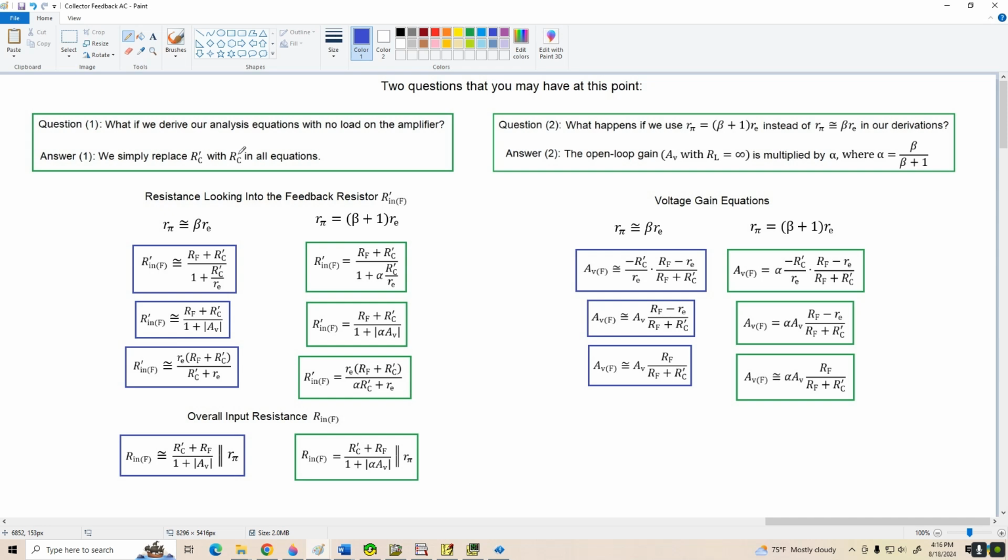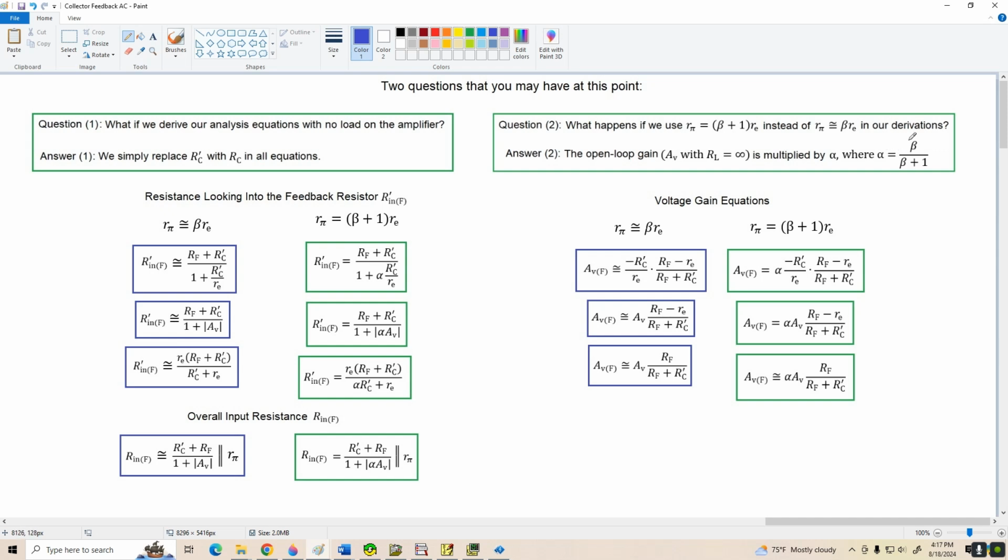And question number two, what would happen if we derived our equations using R sub pi equals beta plus 1 times little re instead of the approximate value R sub pi equals beta times little re? Well, in that case, mainly what we would end up with is multiplying the gain terms, or sometimes R prime C in our equations, by the alpha of the transistor.